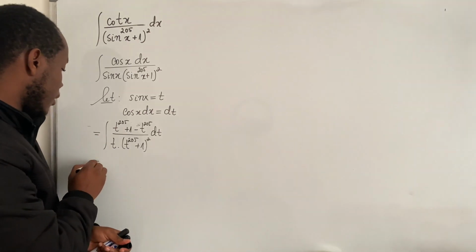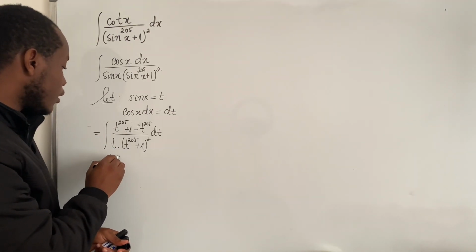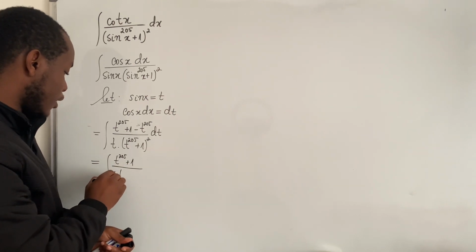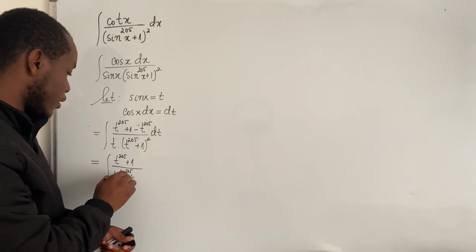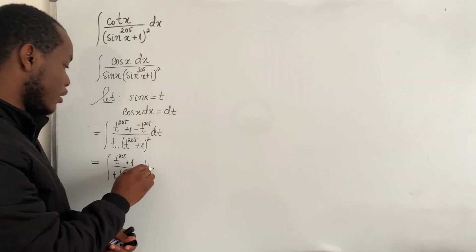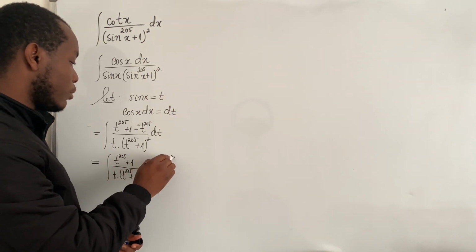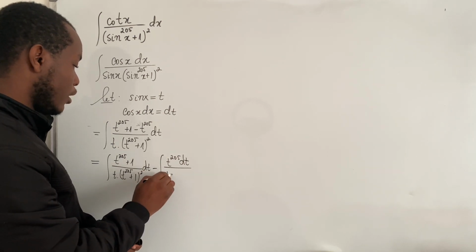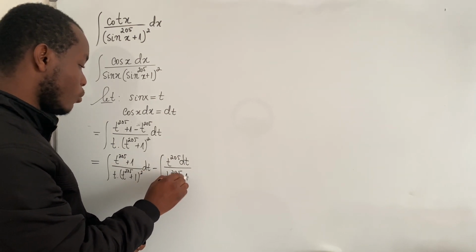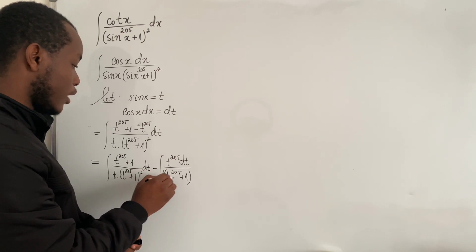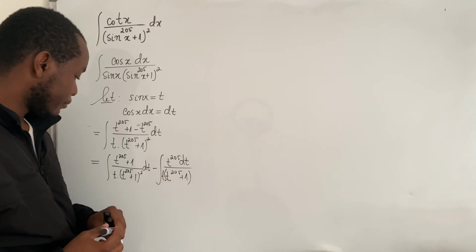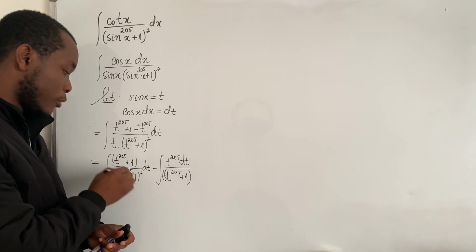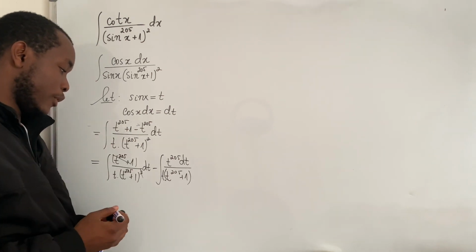So what will happen now? We're going to have t to the power 205 plus 1 over t times t to the power 205 plus 1 squared dt, minus integral t to the power 205 dt over t to the power 205 plus 1 times t outside. Okay, now this expression on top is similar to this expression. We can cancel out with the square.